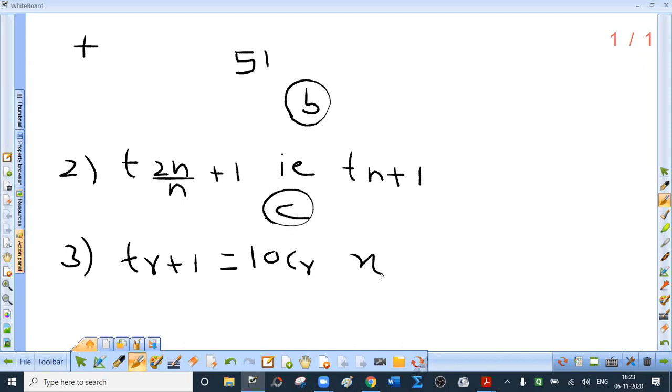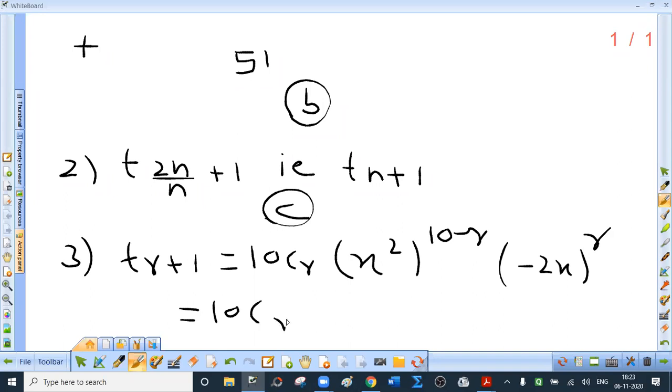First term is x square, so x square raised to 10 minus r into (minus 2x) raised to r. So this is 10Cr, minus 2 raised to r, x raised to, I am writing this directly, a raised to m raised to n is a raised to mn. So x raised to 20 minus 2r plus r, right?